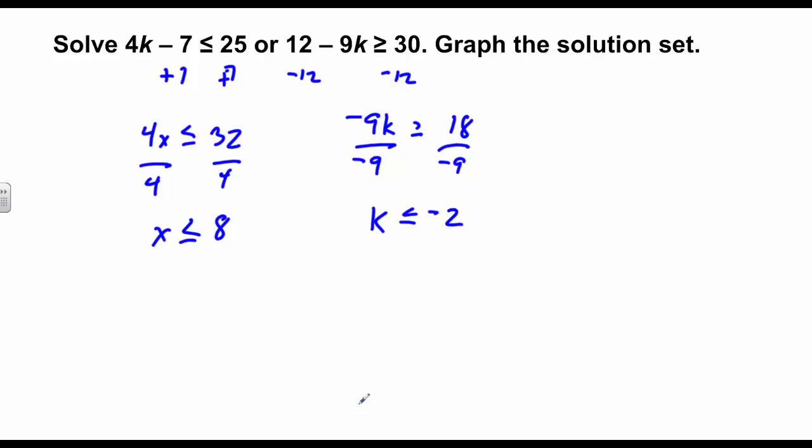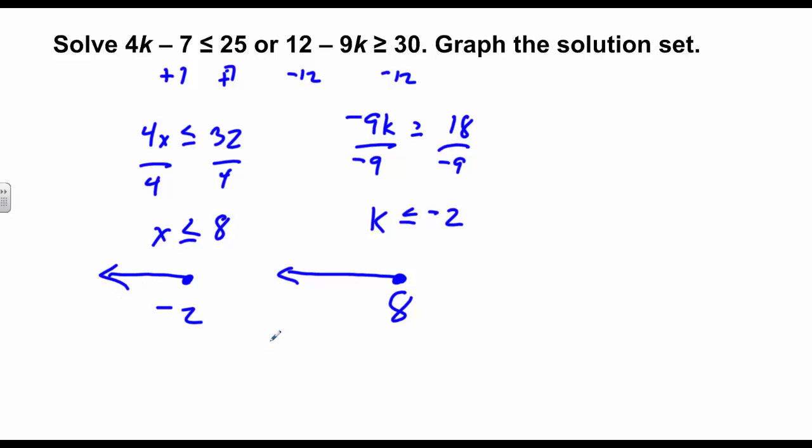I switch the inequality, or reverse the direction, because I'm dividing by a negative, and I get x is less than or equal to negative 2. So if I were to graph these, here's an 8, and in this case I'm going to fill that circle in and go to the left. Here's a negative 2, and once again I'm going to fill that circle in, going to the left.